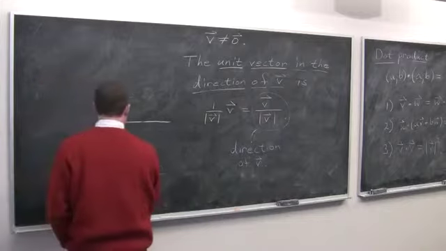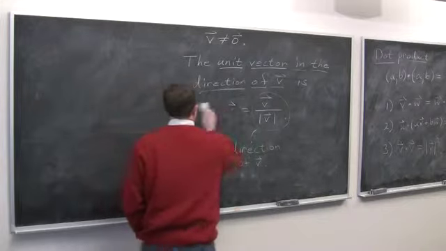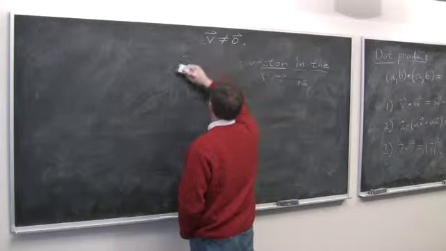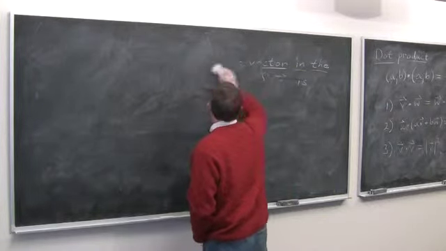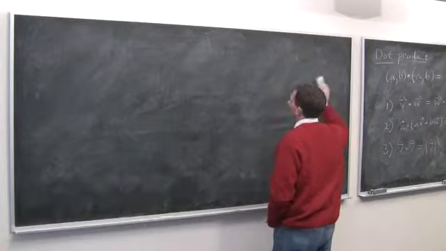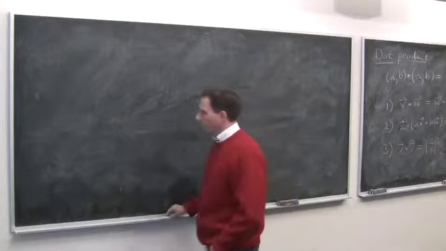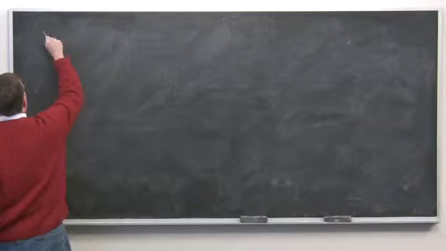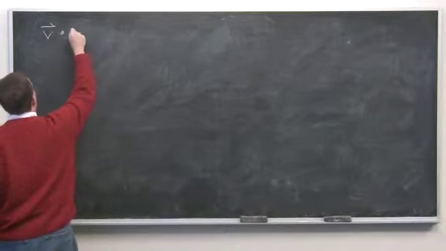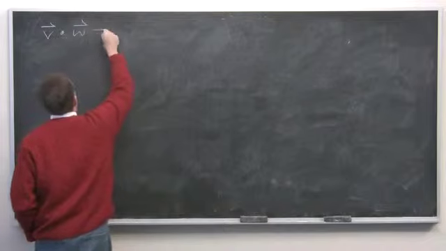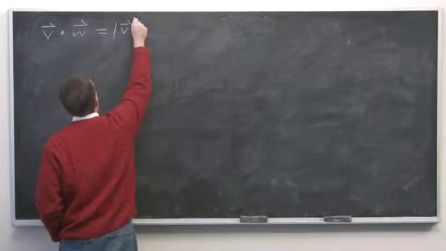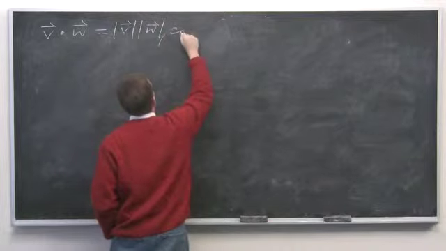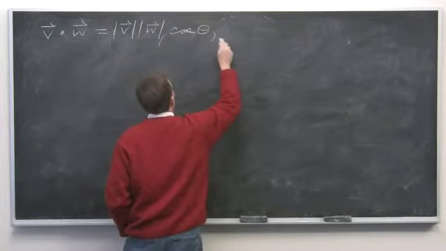But the dot product, the main reason it's so important, is that it has a geometric interpretation that is distinctly non-obvious from its definition. Its definition just looks kind of almost silly. But you can show, using trigonometry, that, in fact, this is the big deal. The dot product of v and w is the magnitude of v times the magnitude of w times the cosine of the angle in between the vectors.